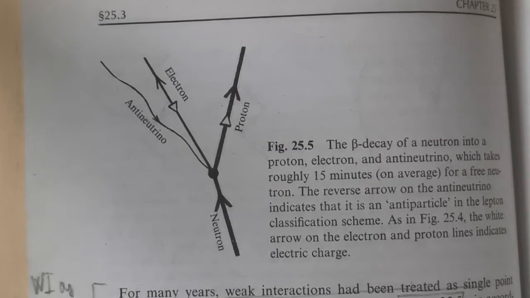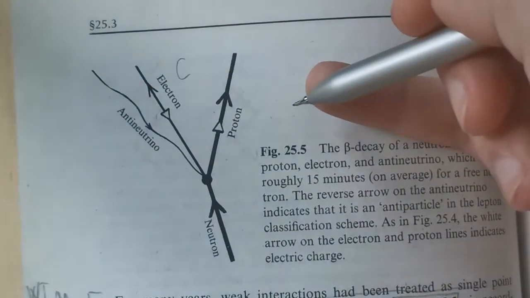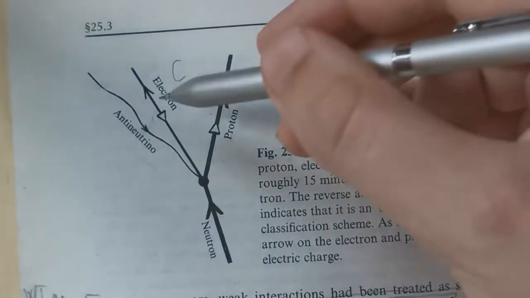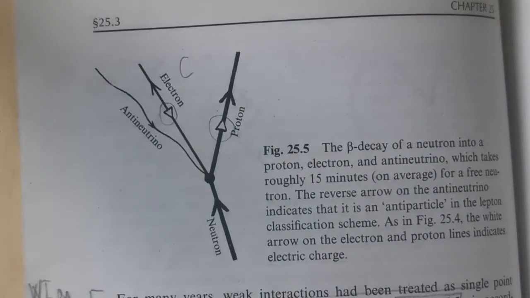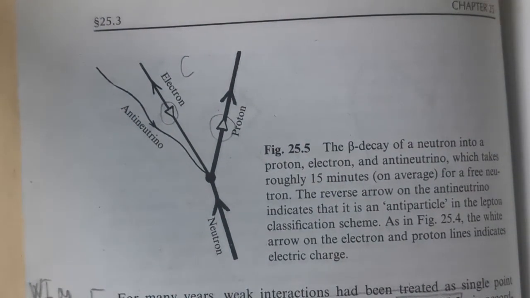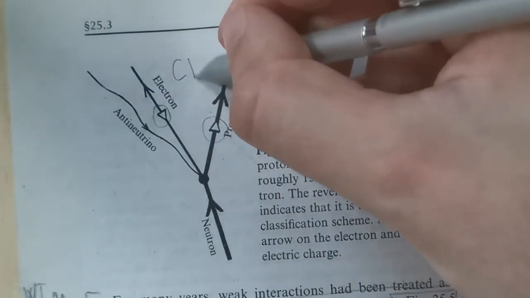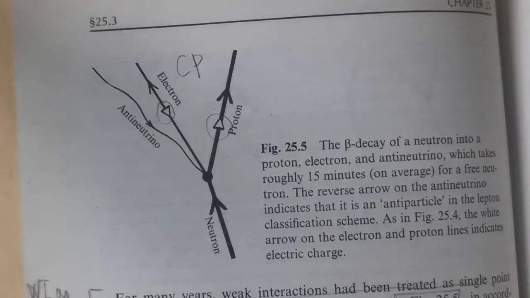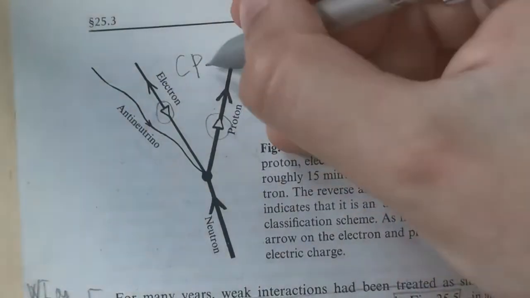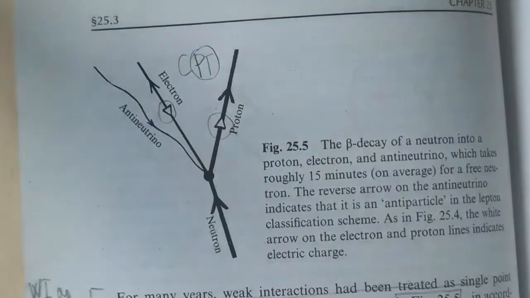So C symmetry, charge conjugation, will reverse the directions of those white arrows. And if you reverse P, that's interesting, but I'm not sure, probably together, like if you reverse PT, then those arrows will be reversed.